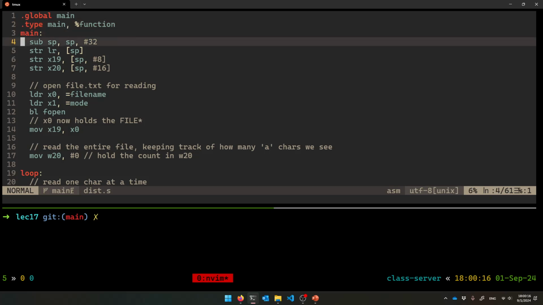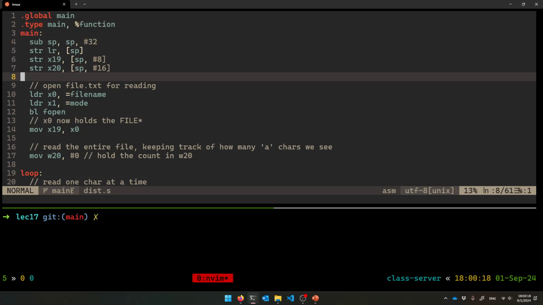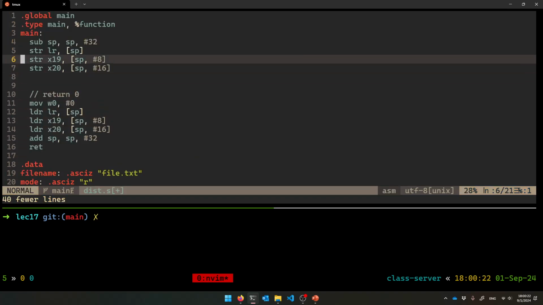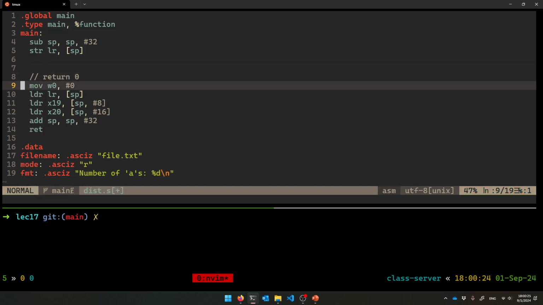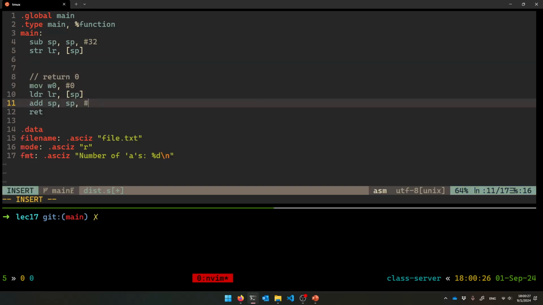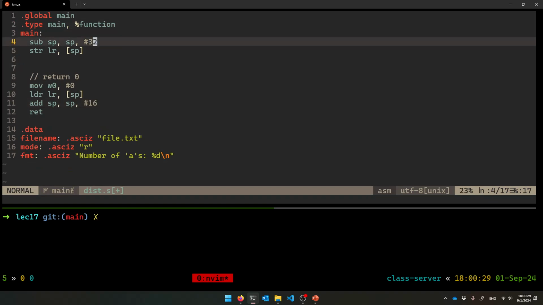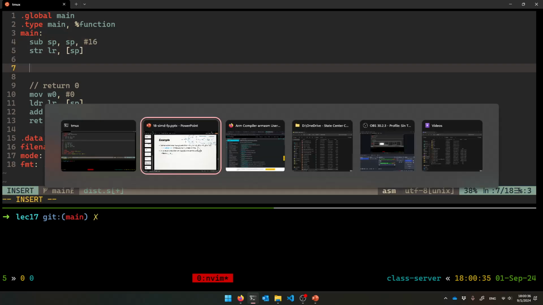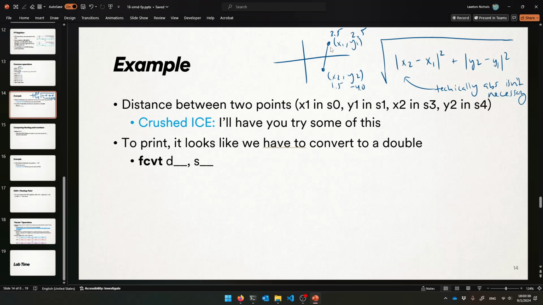I can keep my main function like this. I don't really need any saved registers, so let's do sp minus 16, sp plus 16, other than lr, because I'm going to call printf and stuff. I think that's good.